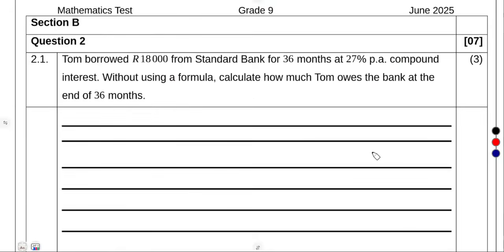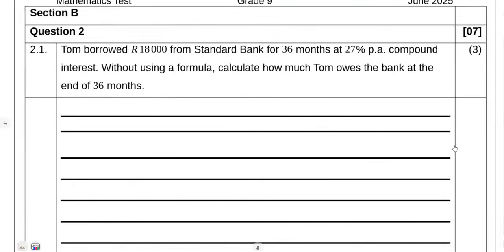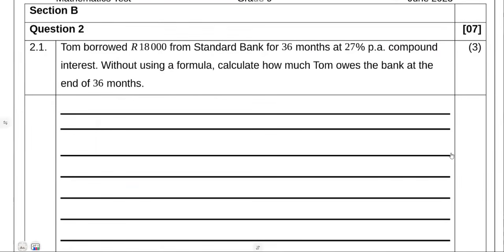All right, let us consider our section B, where we have got question number 2. We are given on 2.1, Tom borrowed 18,000 rand in this case, from Standard Bank for 36 months at 27% per annum compound interest.